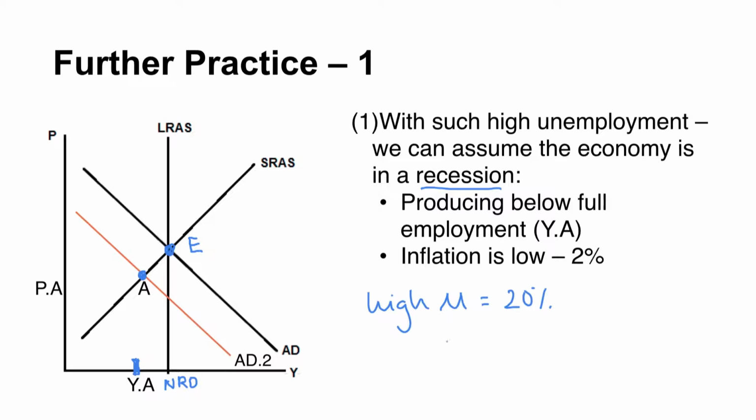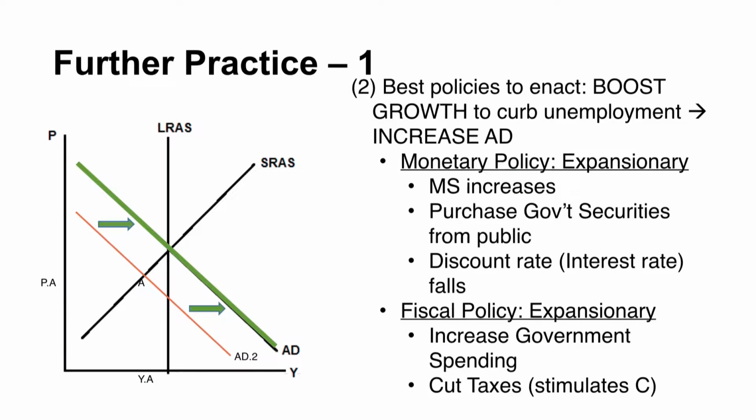Well, the government might be interested in trying to curb the effects of this recession and therefore increase the aggregate demand. What can it do? To start off with, the best policies would be to enact policies that would boost growth and employment and therefore increase the aggregate demand. The first thing that we know is that we can enact expansionary monetary policy.